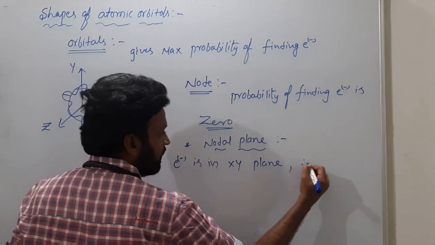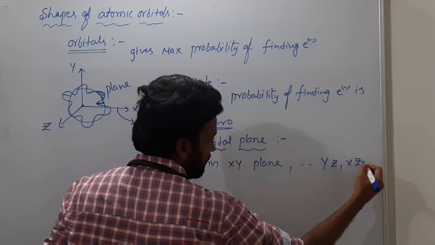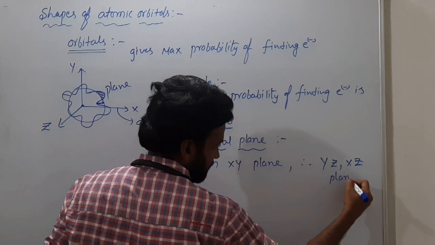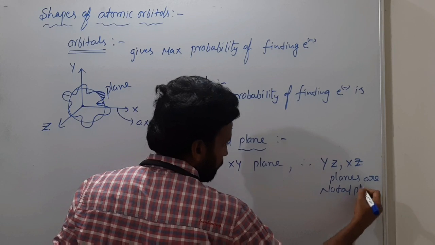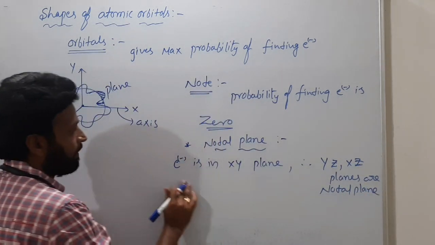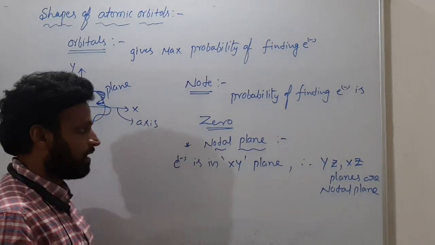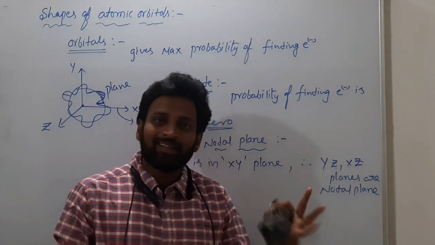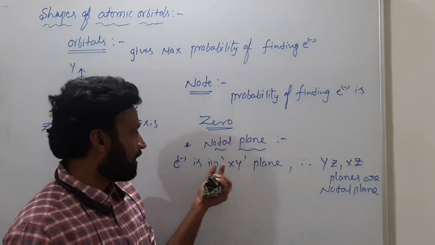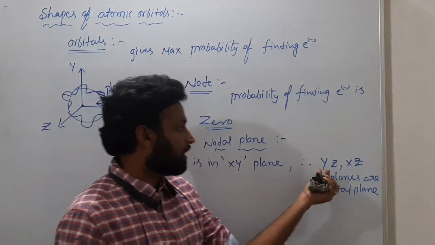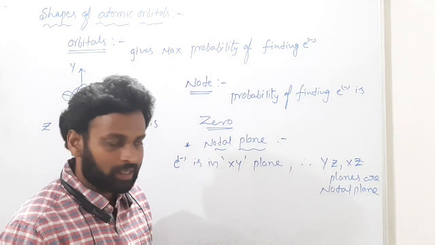Therefore, what can you say about the yz plane and the xz plane? They are nodal planes, because we are saying the electron is present in the xy plane, so in yz and xz there is no electron. So the yz and xz planes are nodal planes. What is a nodal plane? Understood?